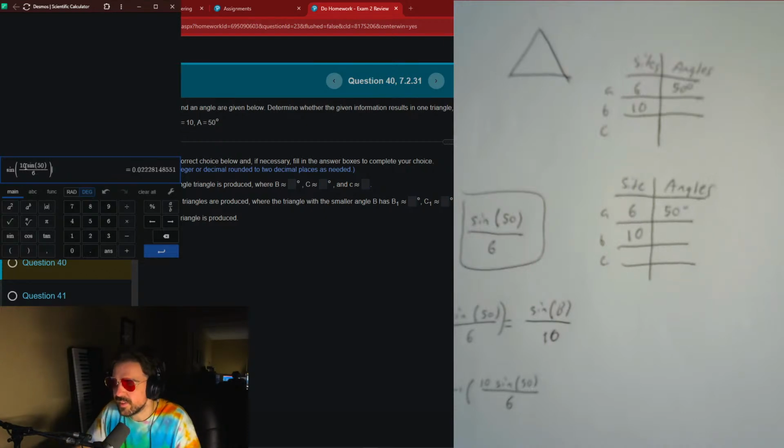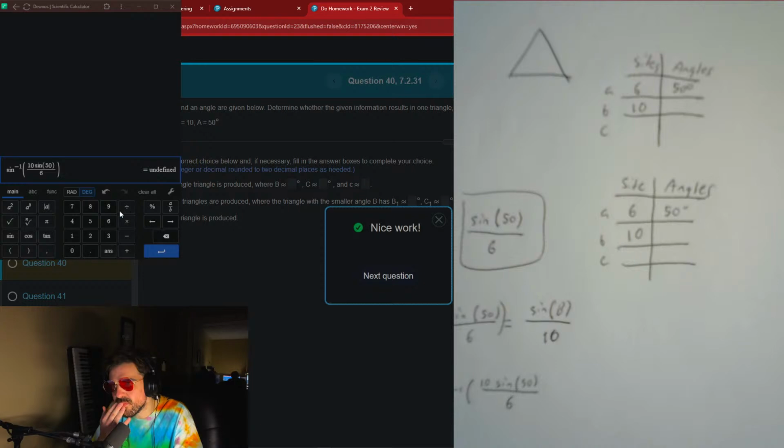Oh, I didn't put the exponent. Ooh. No triangles produced? All right.